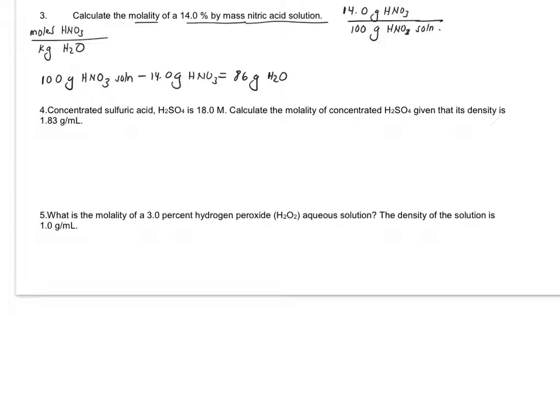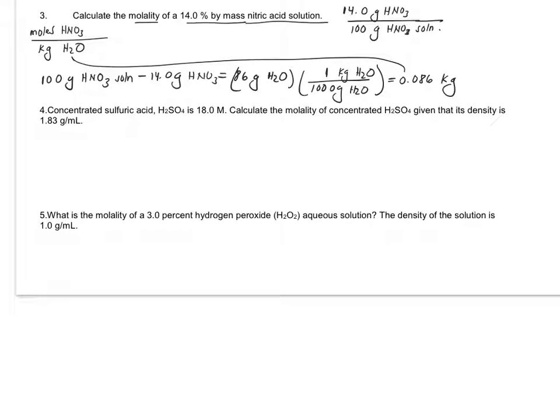We can convert those grams to kilograms by dividing by 1,000 grams. And that ends up being 0.086 kilograms. So now we have our denominator.